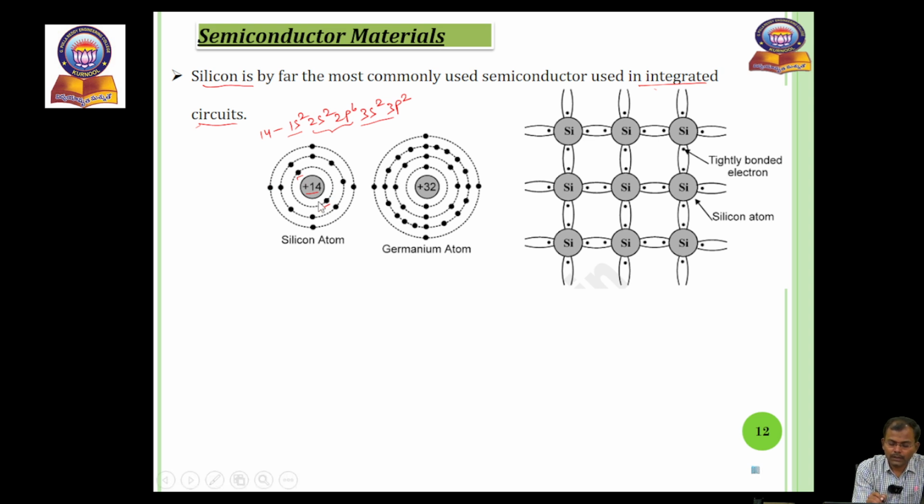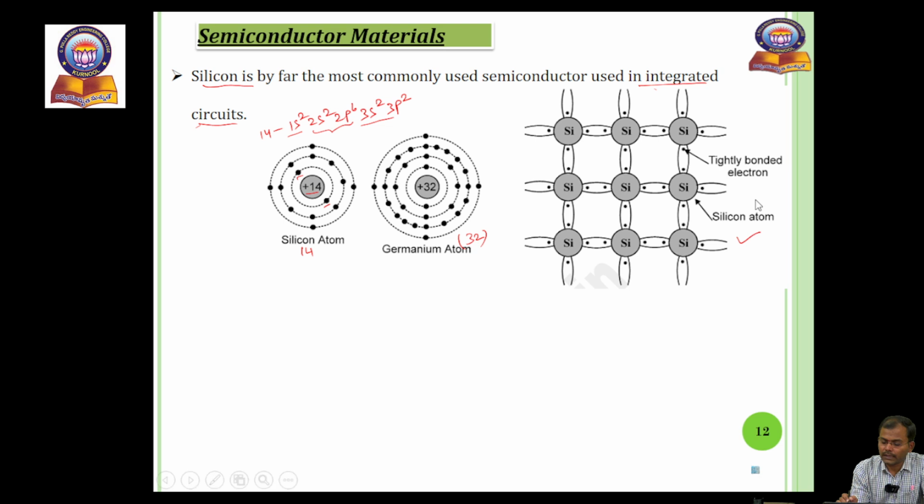So for silicon, the atomic number is 14: the first orbit contains 2, the second orbit contains 8 electrons, and the third orbit contains 4 electrons. Similarly, germanium, the atomic number is 32. The first orbit contains 2, the second orbit contains 8 electrons, the third orbit contains 18, and the fourth orbit contains 4 electrons.